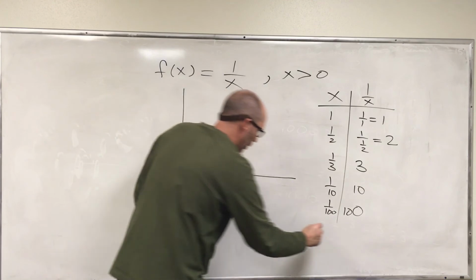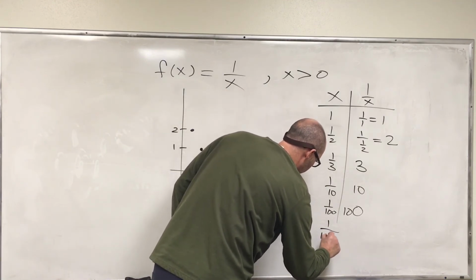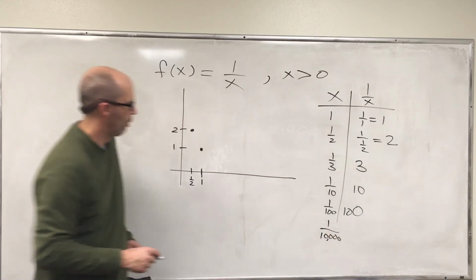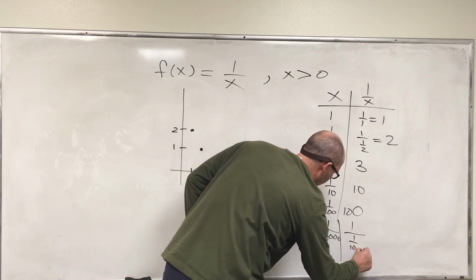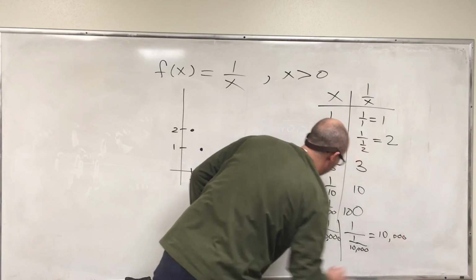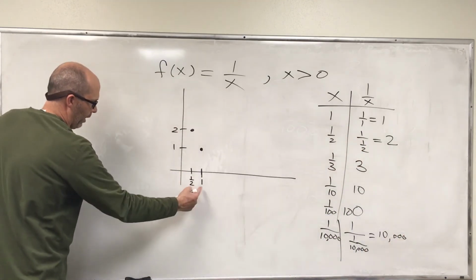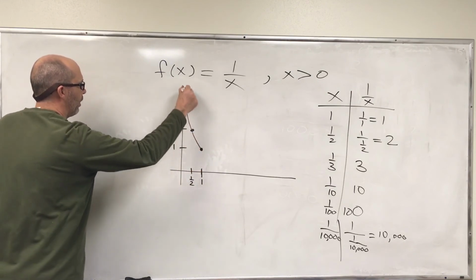And so on. 1 over 1/10,000 is 10,000. So as x gets small, 1 over x gets big.